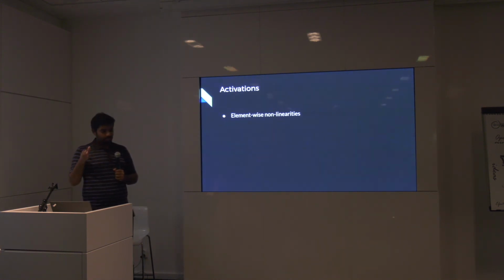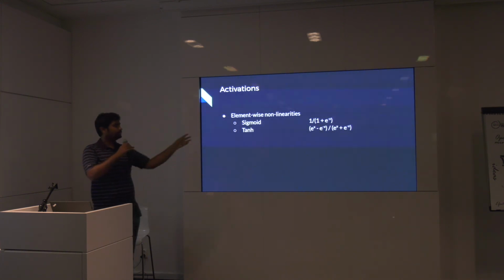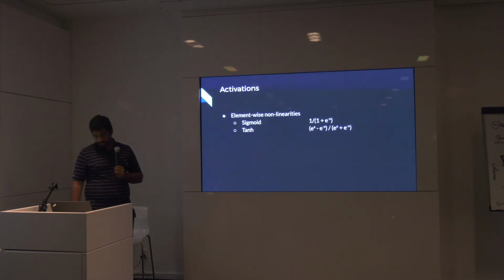And you call it nonlinear because the functions that I'll be showing are not linear. They use, for example, exponents in a sigmoid, or hyperbolic tangent, which is a difference by sum of exponents.